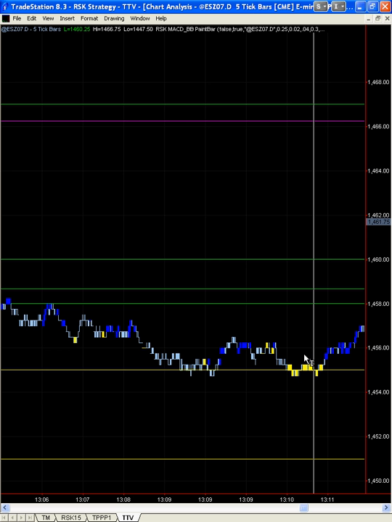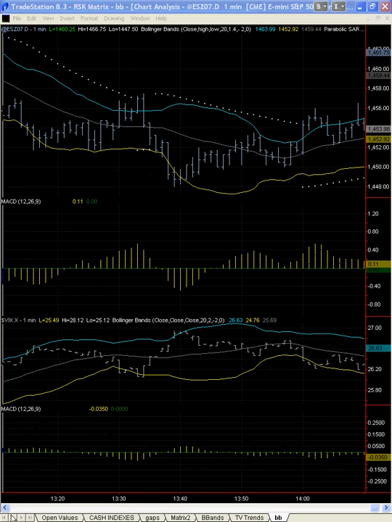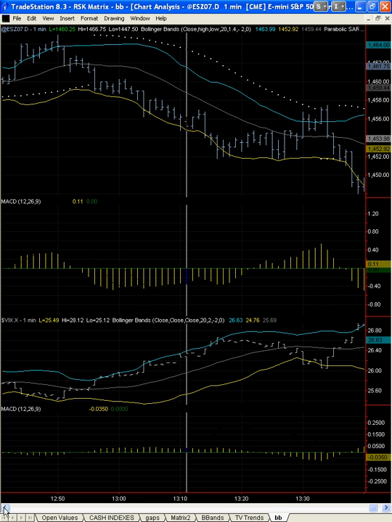That's where we're at. Now, the ideal time to be going long is on a higher low and a lower high.